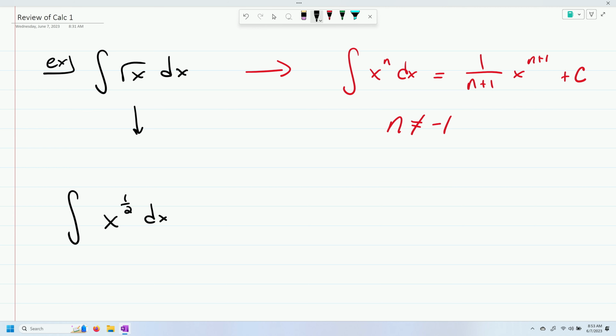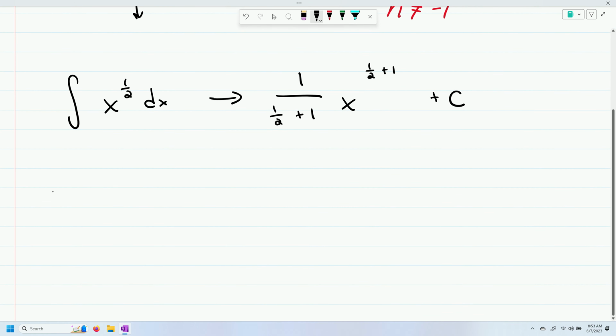Now that I have the integral of x to the 1/2 dx, I can go ahead and apply my power rule. And for this first one, I'm really going to write it out. It's going to be 1 over 1/2 plus 1, x to the 1/2 plus 1, plus an arbitrary constant.